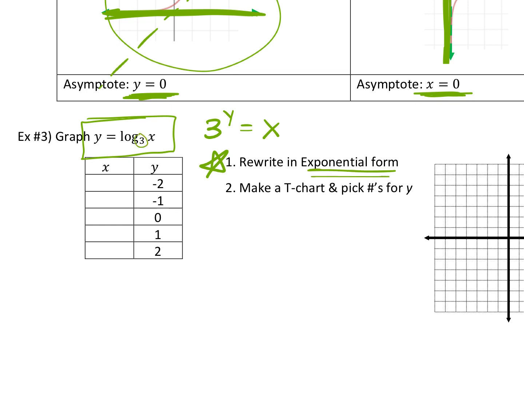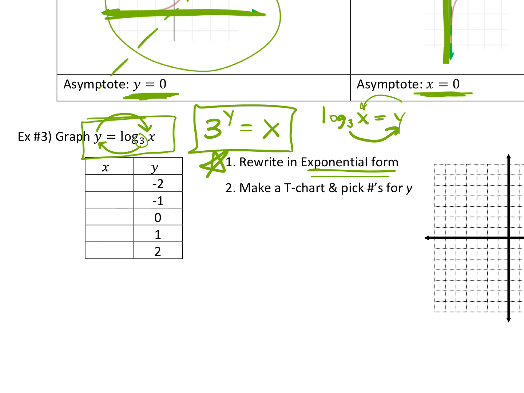So it's this to this power equals that, right? Now, we kind of had it written the other way. If it makes more sense to you to write log base 3 of x equals y and then set it up, 3 to the y power equals x, that's fine. It's the same thing, right? But you need to first rewrite. So that's our new equation, and that we know how to graph.